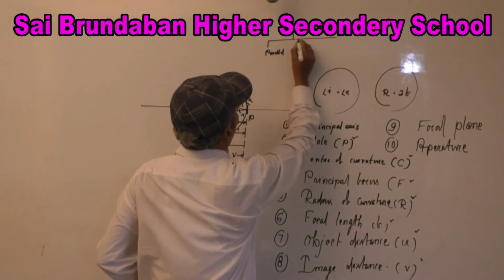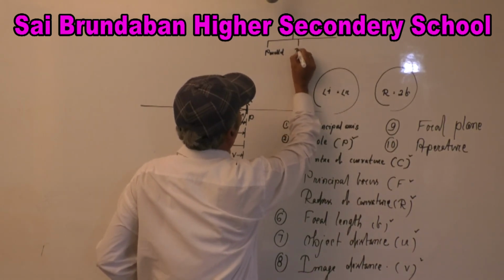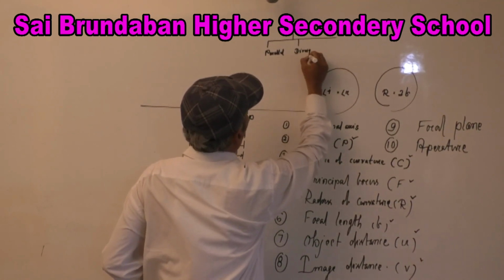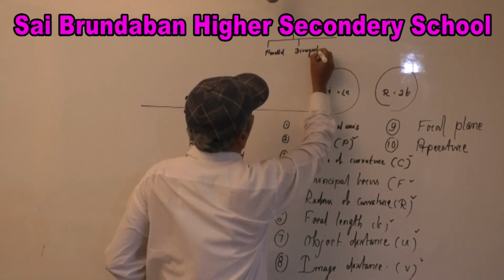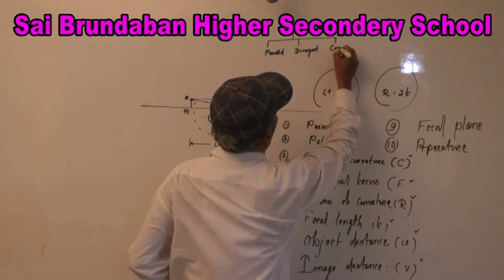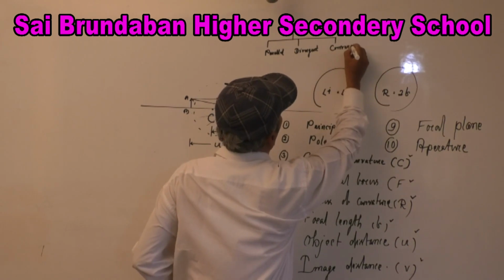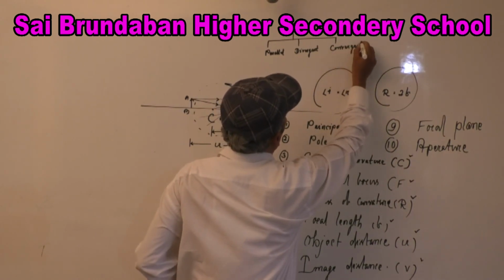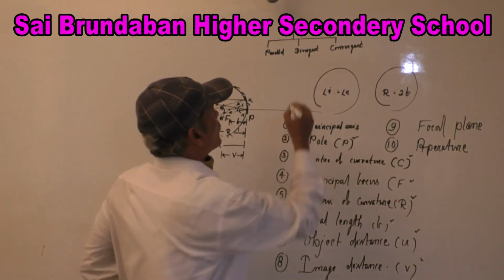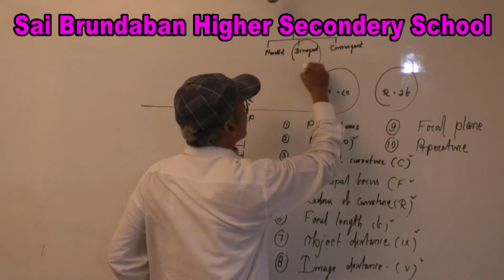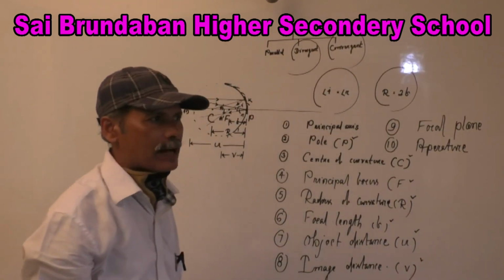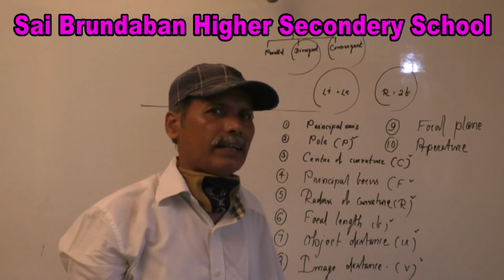Two, divergent. Three, convergent. So now we have to think about divergent and convergent beams, meaning divergent rays and convergent rays.